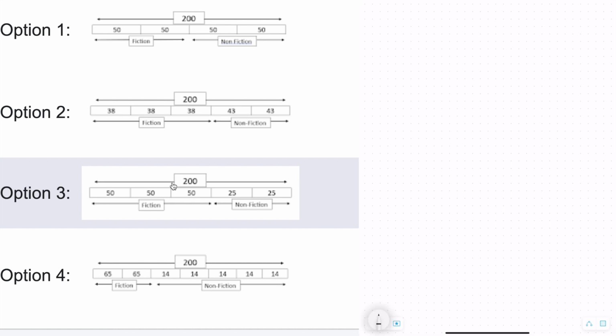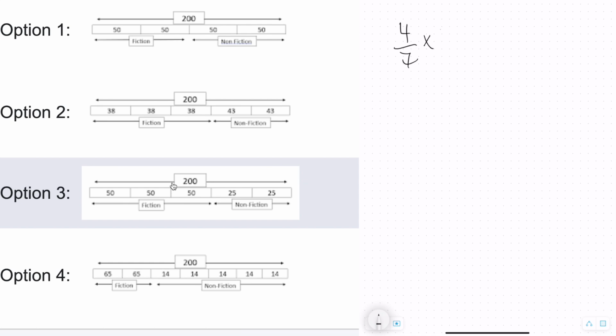To calculate the number of fiction books, the ratio of fiction books, remember, is 4 to 7. So what we want to do is write that fraction, and now multiply the total number of books by this 4 over 7.